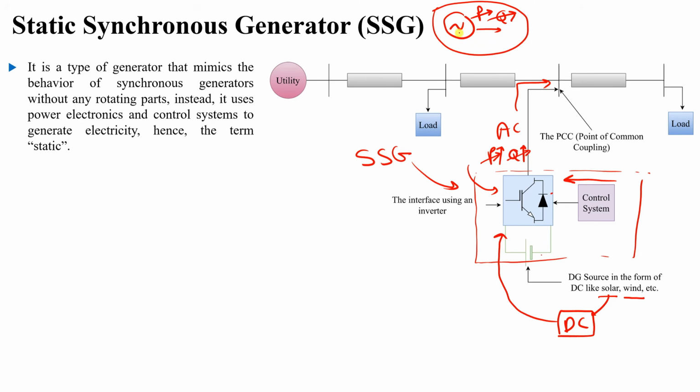In a rotating machine, we can control active power and reactive power. Similarly, by using an inverter with a control, we can control active power as if we are using a synchronous machine. However, this one is static because we don't have any rotating parts. We have only switches that mimic this behavior.